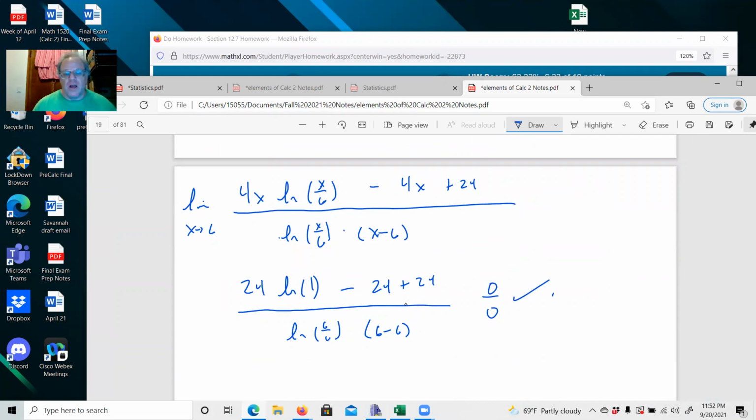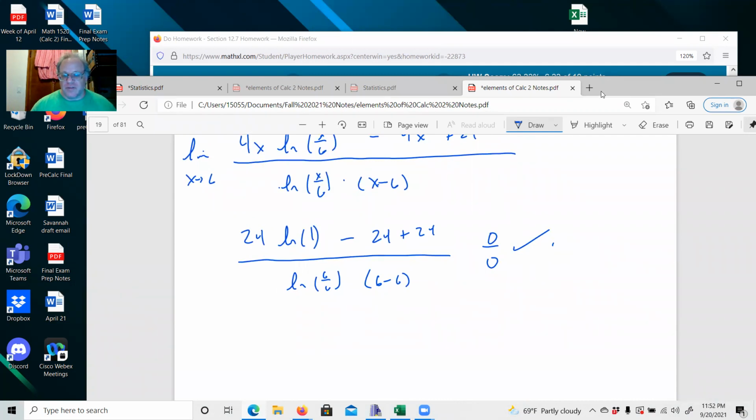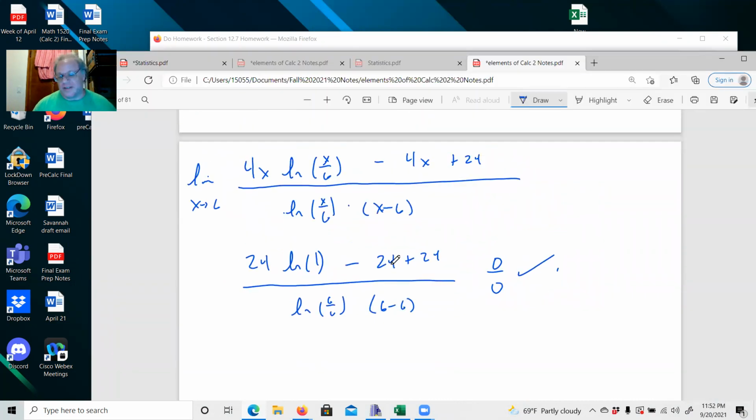So we have to figure out how to take this derivative. We want the derivative of the top and the derivative of the bottom. Fortunately, we don't have to deal with the quotient rule here, but we do have to deal with the product rule. So be careful.